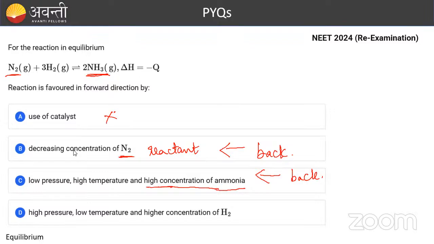So if I'm increasing the concentration of the product, the equilibrium will move to the backward direction.